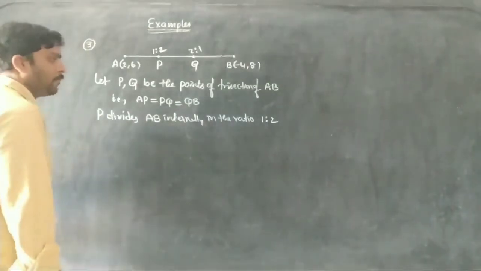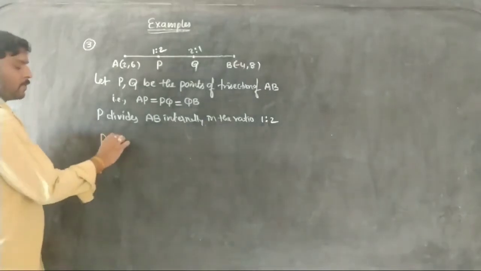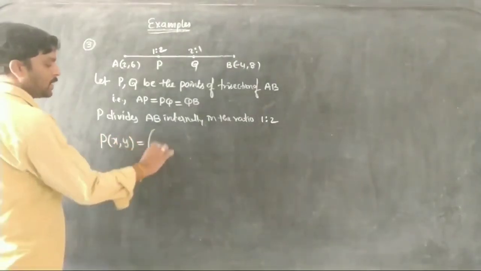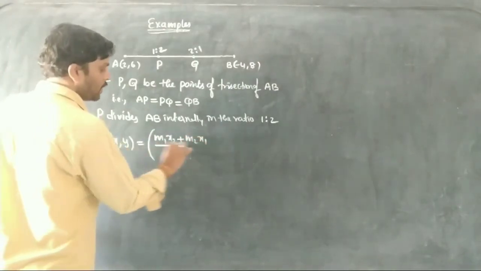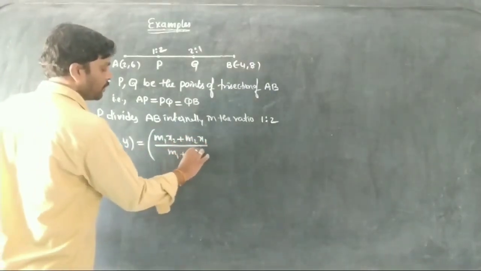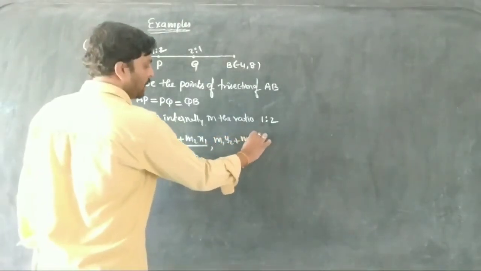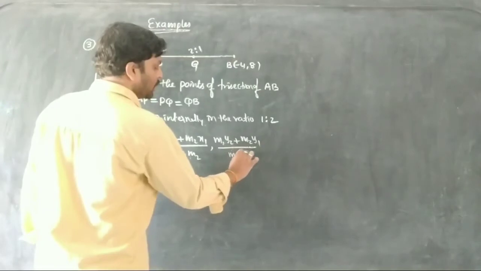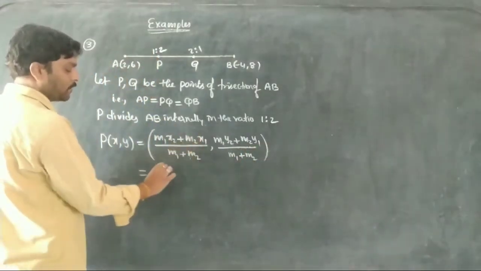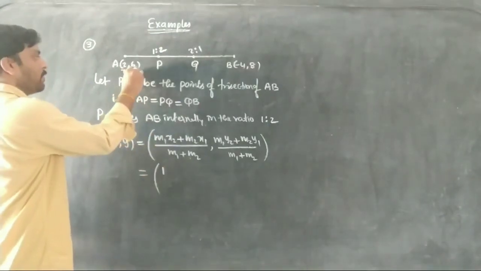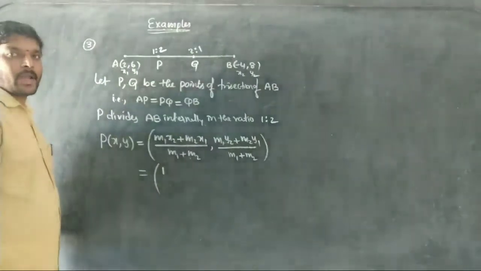So now we can find with the help of 1 is to 2, P(x, y). That is (m1 x2 plus m2 x1) by (m1 plus m2). Next (m1 y2 plus m2 y1) by (m1 plus m2). This is the section formula. Okay, now here m1 is 1. Here you can take (x1, y1), it is (x2, y2).